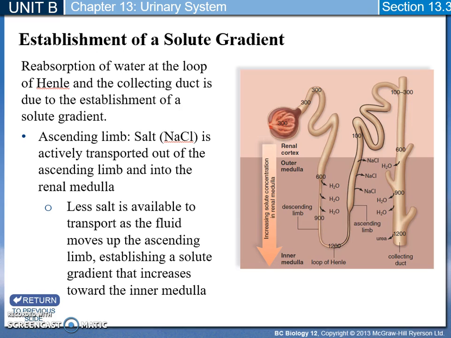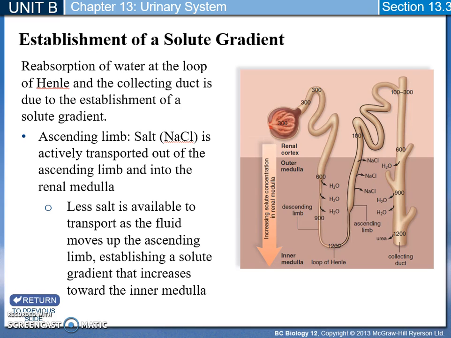If we look at the ascending limb of the loop of Henle, salt is actively transported out of the ascending limb and into the renal medulla. So less salt is available to transport as the fluid moves up the ascending limb, which establishes a solute gradient that increases toward the inner medulla.